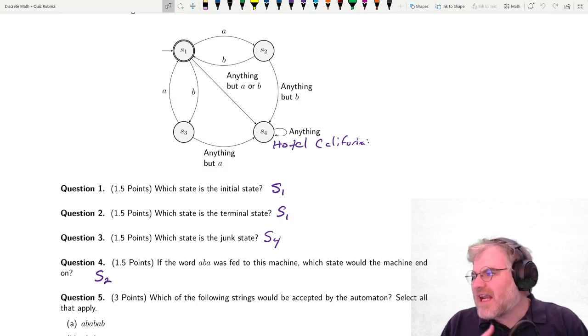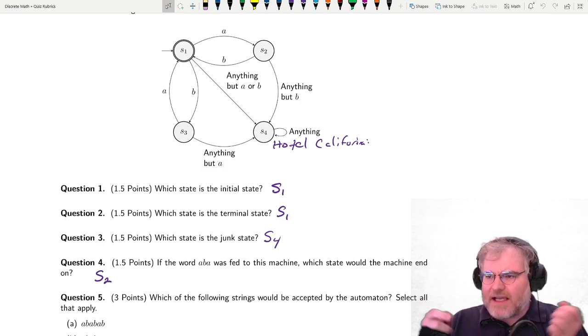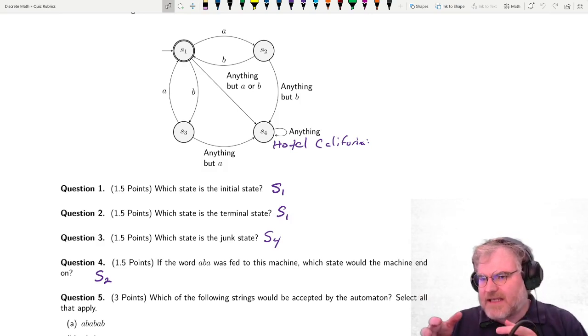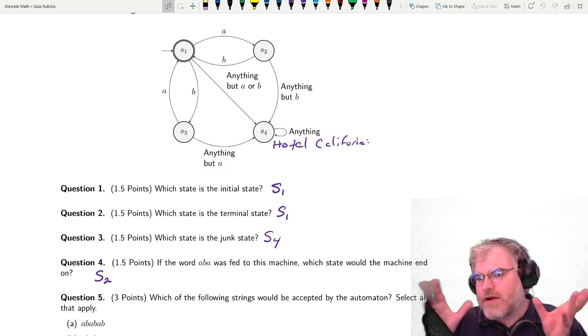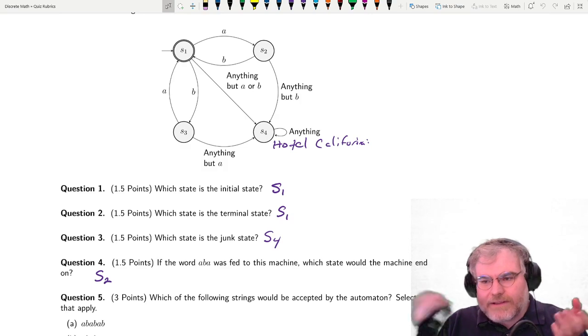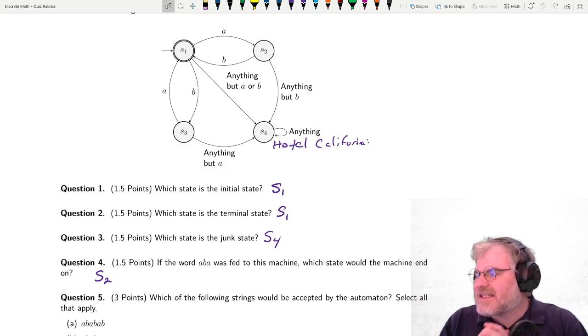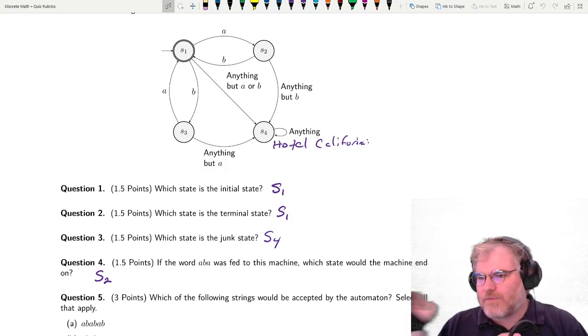An error message would be something like this: I could say that the machine is only supposed to take A's and B's, and then have an error message state where if you throw anything but an A or a B in, it goes no. And whether or not you call an error a valid accept is another question. I wouldn't, hence it's called an error. But the idea is that if you're not going to match, you just wind up there, and then I'm not going to spend any more computing resources dealing with it. I'm done with it.